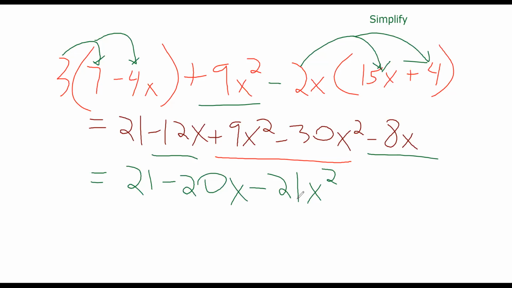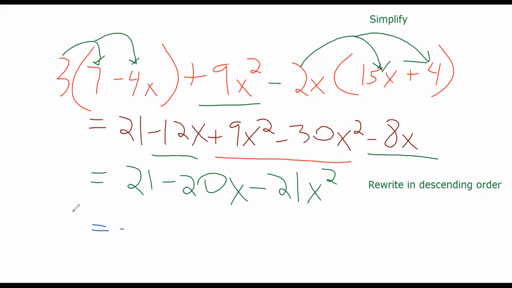Nothing special about that. The very last thing we'll do is we'll rewrite in descending order. And all I mean is we've got basically the answer. We're not actually changing anything else except the order it's written in. Negative 21x squared, we want the highest powered term first, then we want to go down the line.